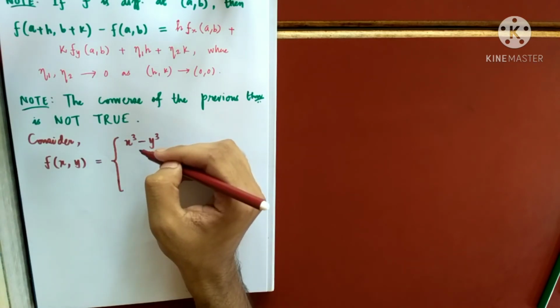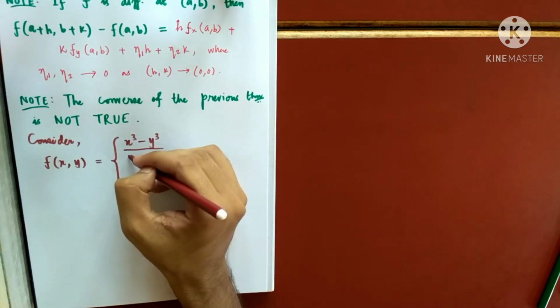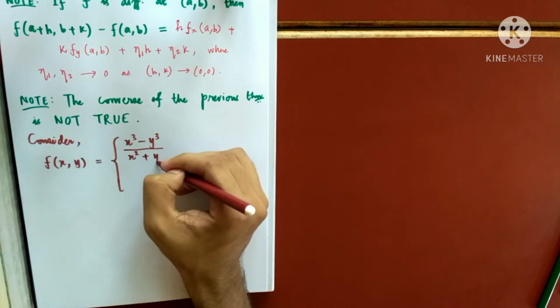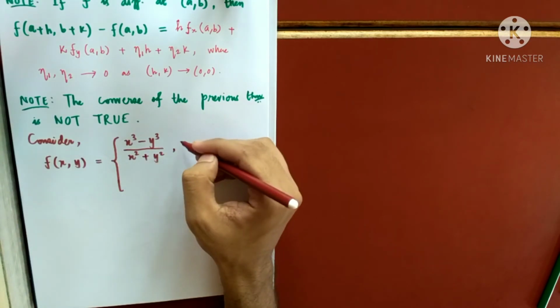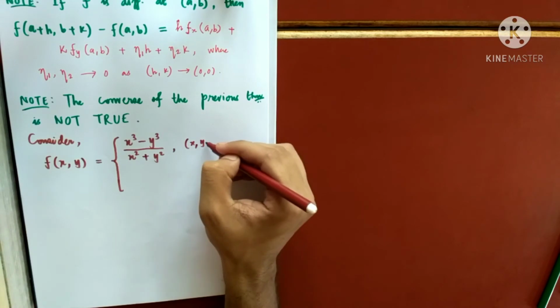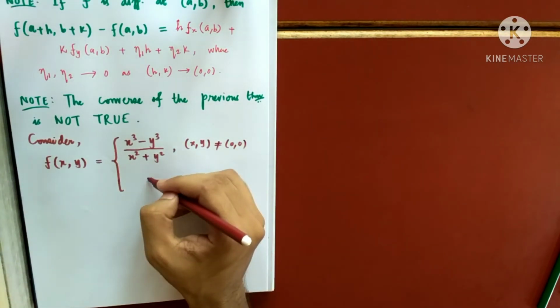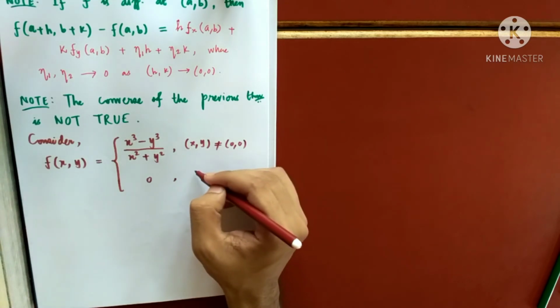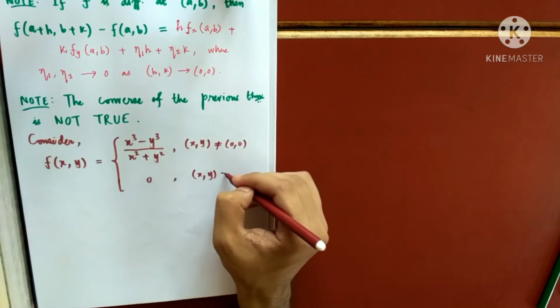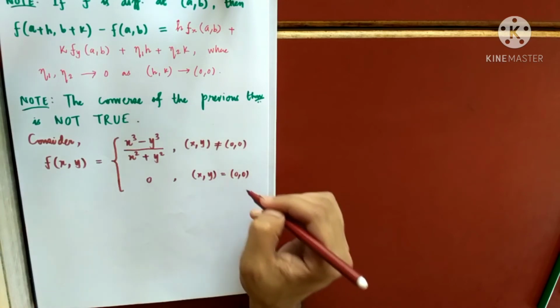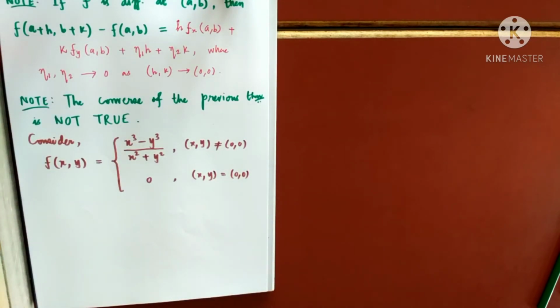So the function is like this: f(x, y) = (x^3 - y^3)/(x^2 + y^2) for (x, y) not equal to (0, 0), and 0 otherwise. So consider this function.